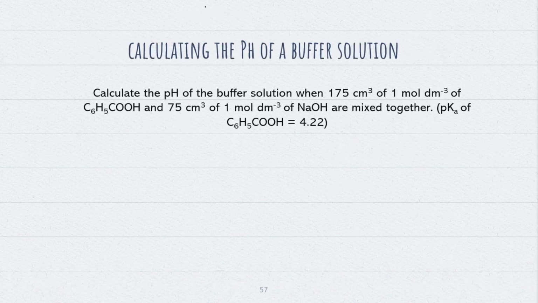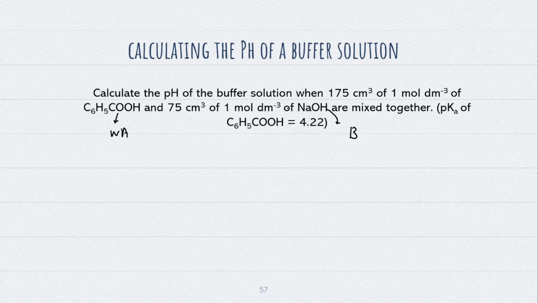So now let's look at another question here. Now we have a buffer solution that was prepared when you have quite a lot of weak acid that reacted with your strong base.